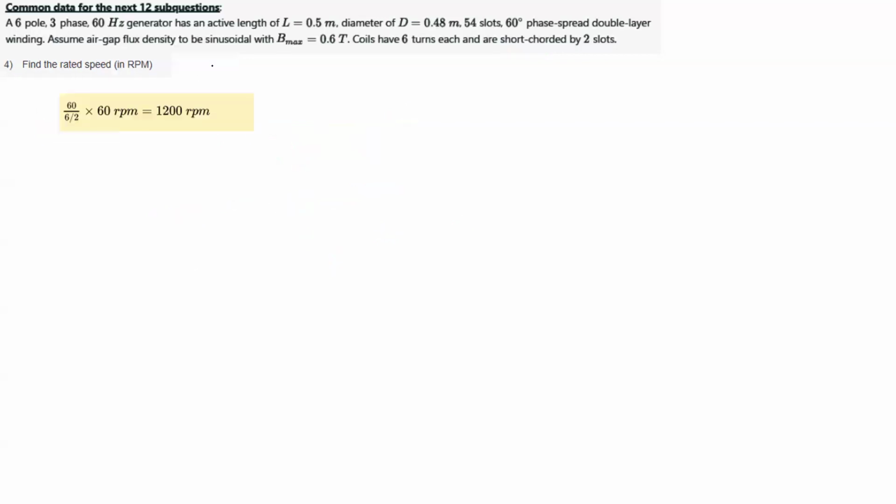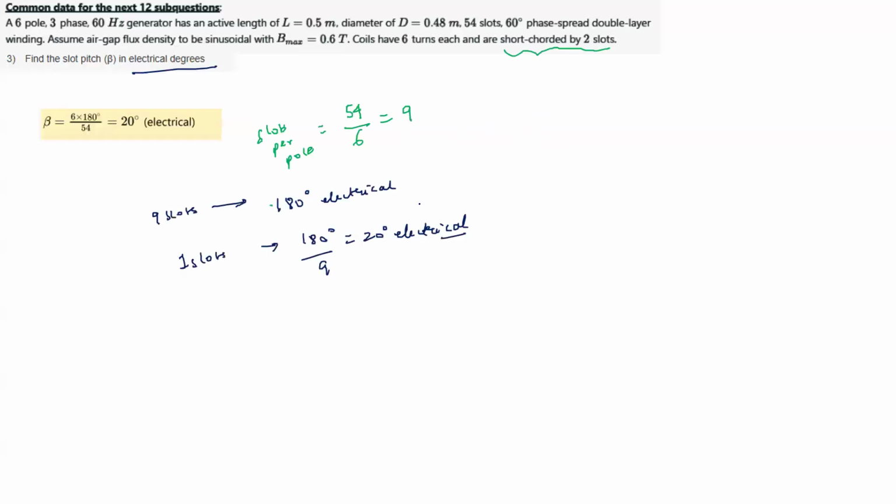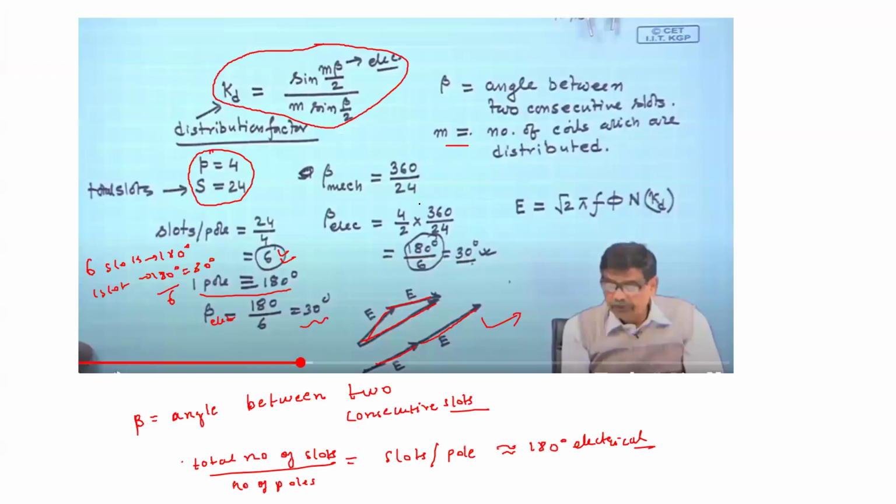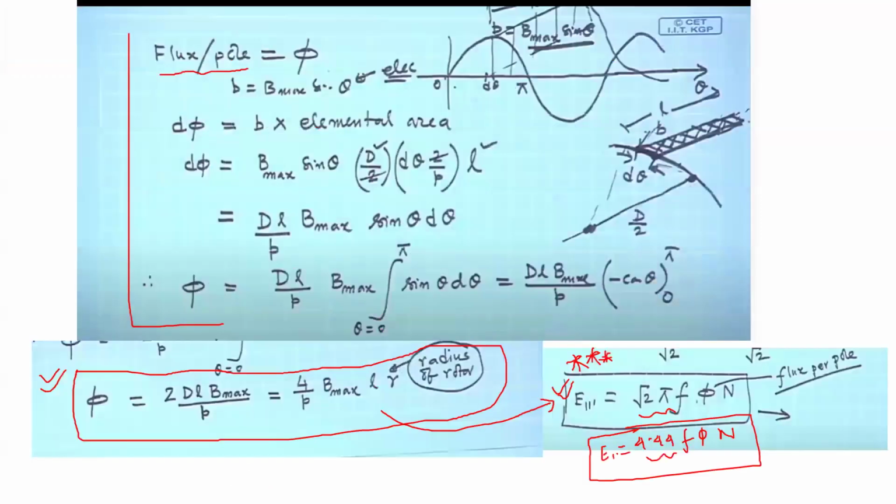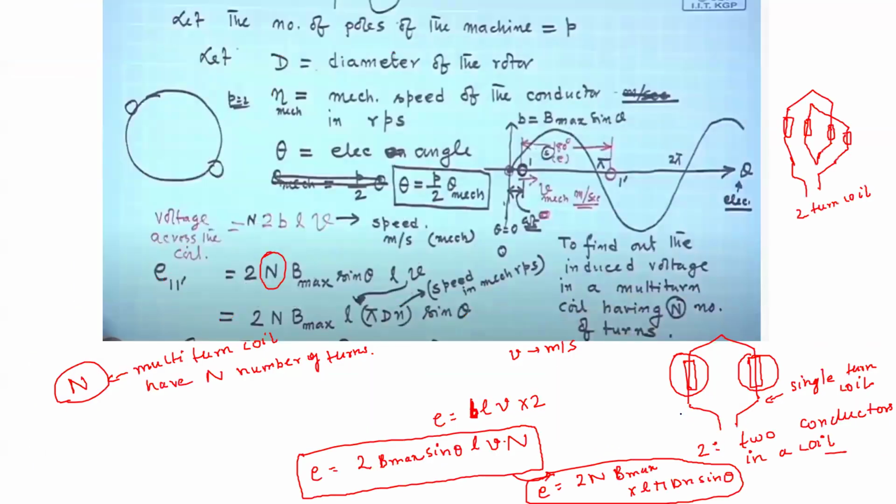Now we have to find the rated speed in RPM. We know the very famous formula: N in RPM is 120 F by P. This is the relation between the RPM and the frequency. In this expression, we had small n in rps.